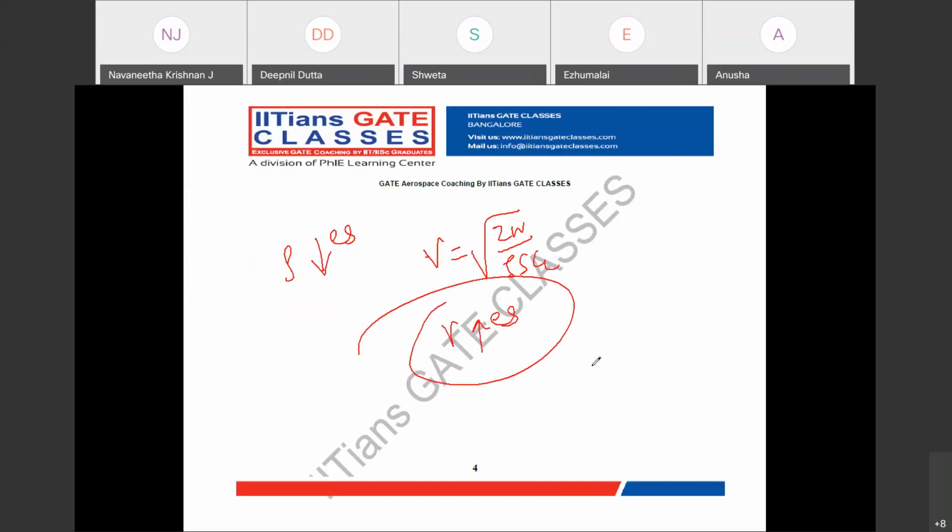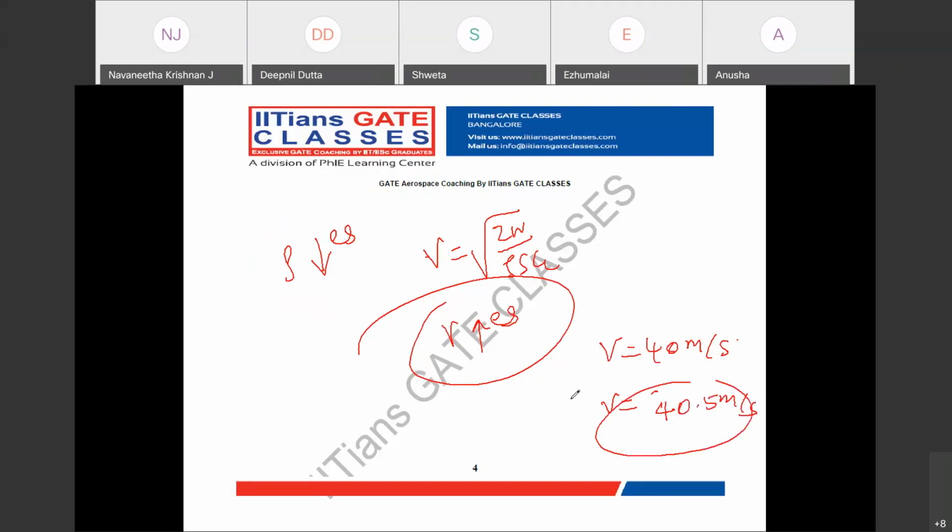At sea level, let us assume you are flying at 40 meters per second. Then at a higher altitude, let us assume some 100 feet additional height, you might end up at 40.5 meters per second.